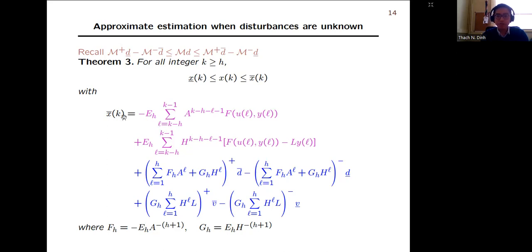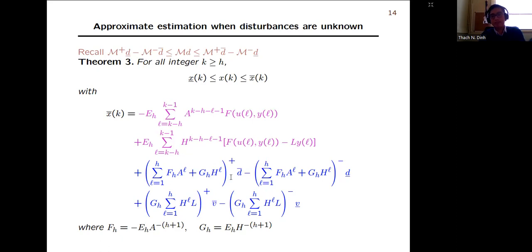And if we would like to bound the state or design an upper bound, we just need to keep the purple terms here, and we replace the terms with uncertainties by the upper bound of the uncertainties by using the famous inequalities in interval observer design.